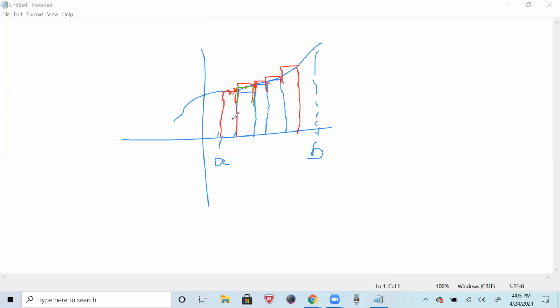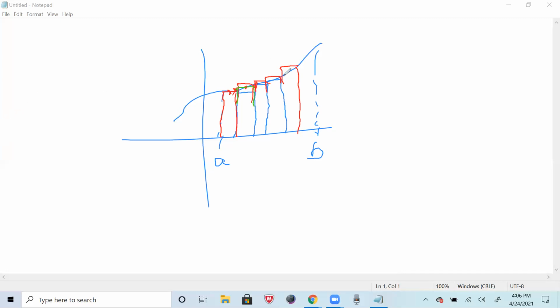You can see that the middle is going to do a better job than the left or the right in general, because it underestimates part of the rectangle and overestimates the other. So in terms of actually approximating the area under the curve, the middle is usually the best one to use.